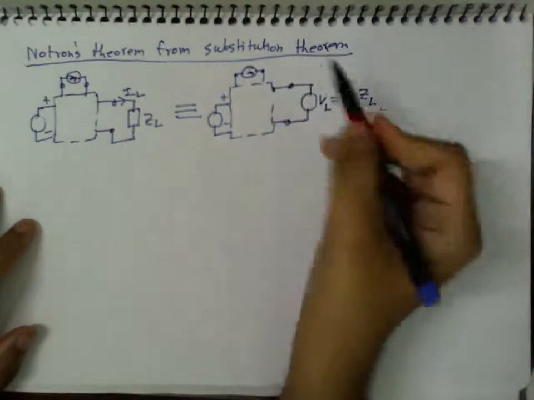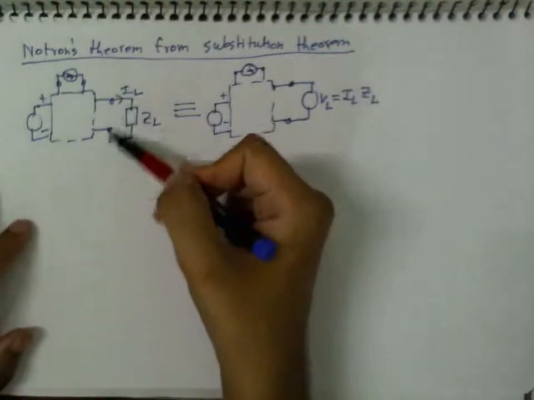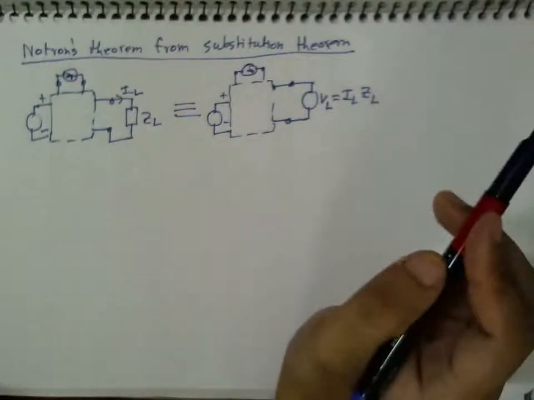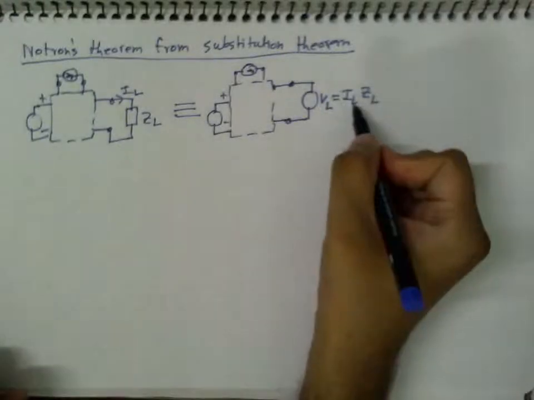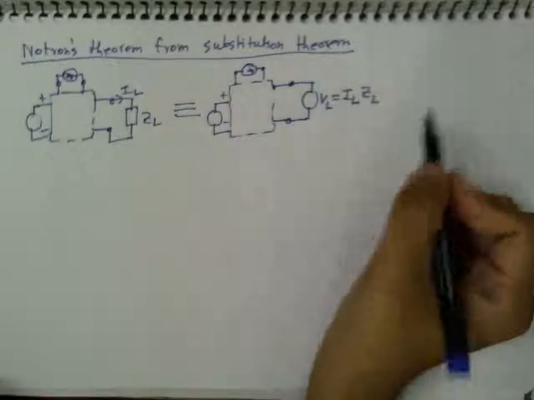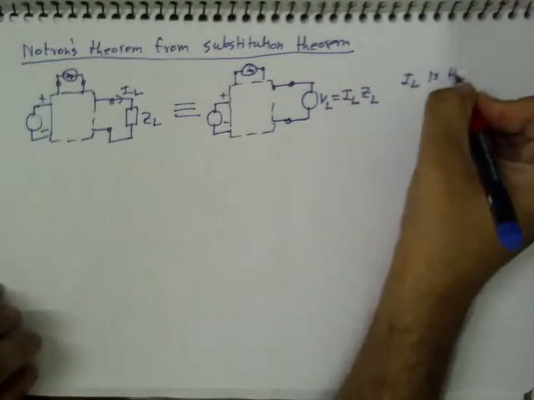Okay, so that's the voltage which was in the original circuit. Now once again, IL is the unknown. That's what we want to find out.